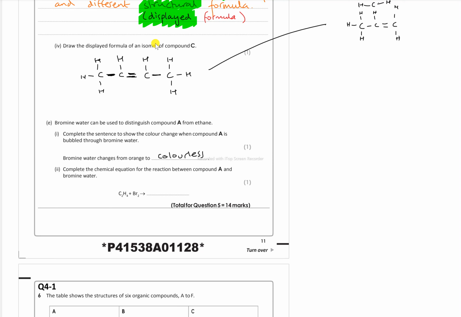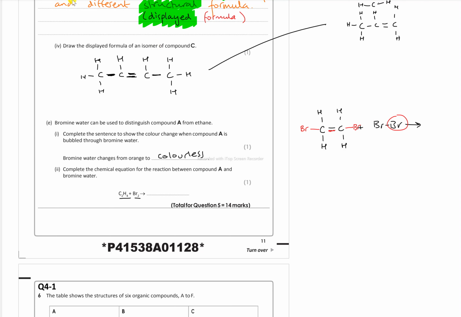Right, this is what's happening. So you've got this situation. I'm going to draw these bonds here. I'm going to add bromine. Now watch this. All that's going to happen is this double bond's going to break, and one of these bromines is going to go here, and one of these bromines is going to go here.